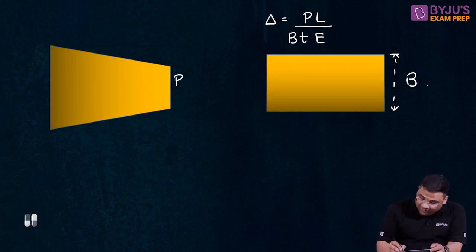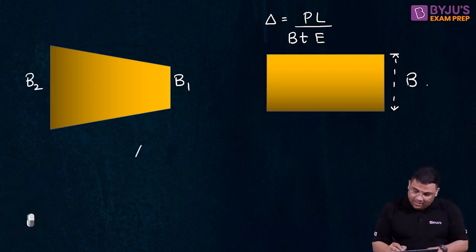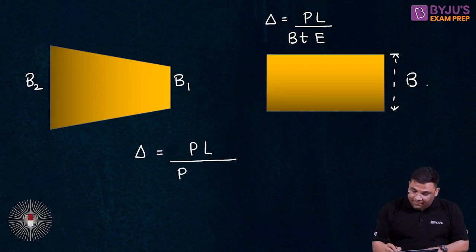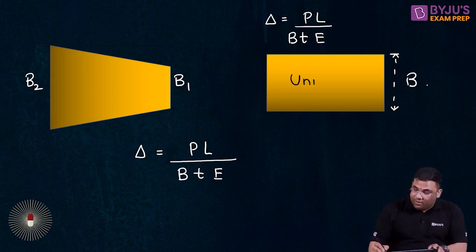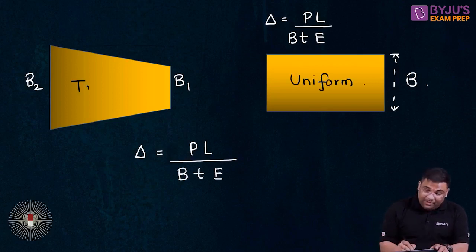Yes. Now for this bar which is changing from B1 to B2, just remember this. Write down the formula PL by BTE, the same formula as for your uniform rectangular cross section, and this is the tapered cross section, meaning changing width.